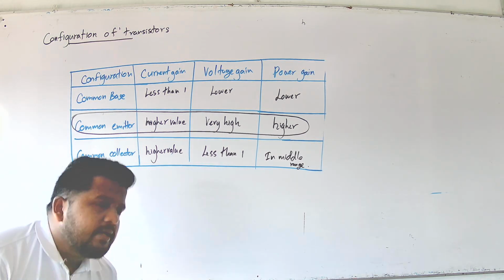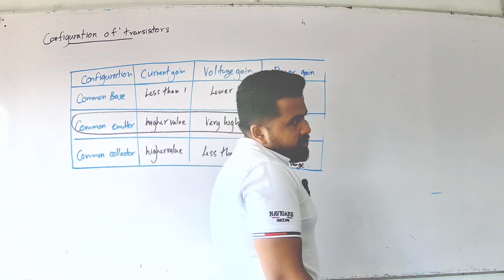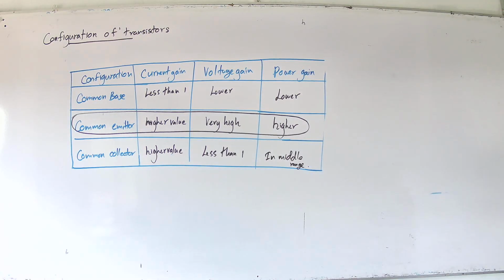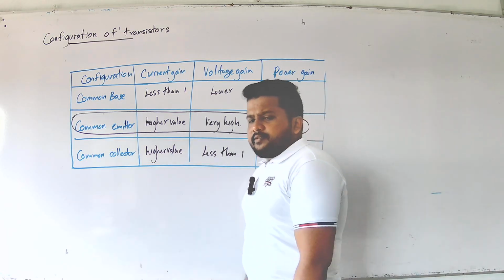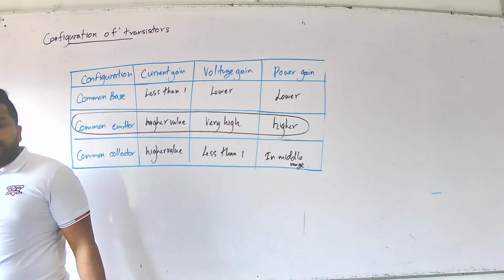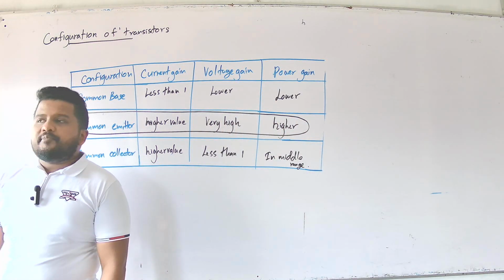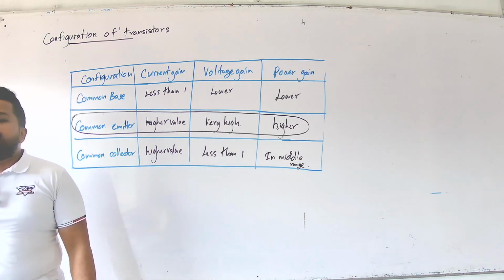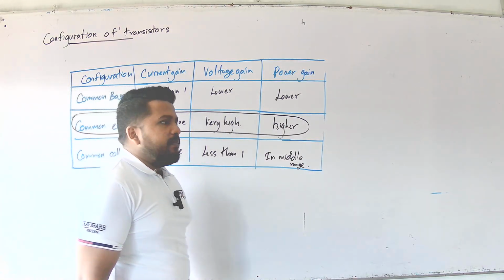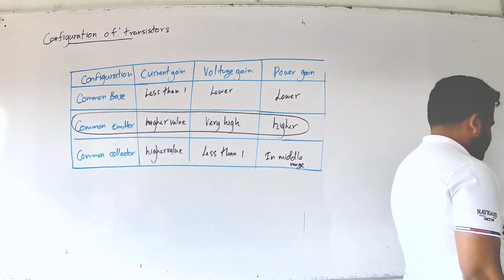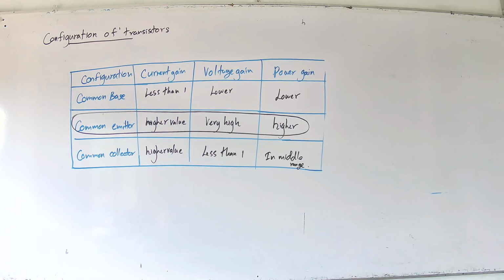In amplifier circuits, the common emitter configuration of transistor is widely used.